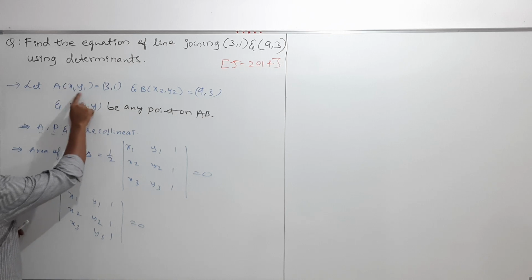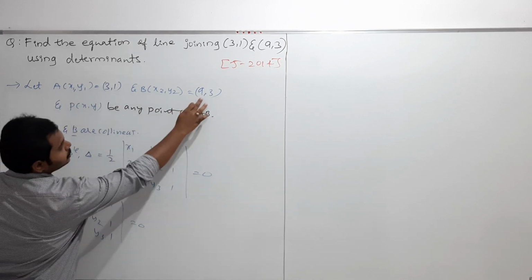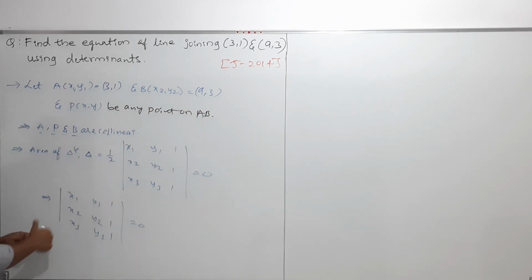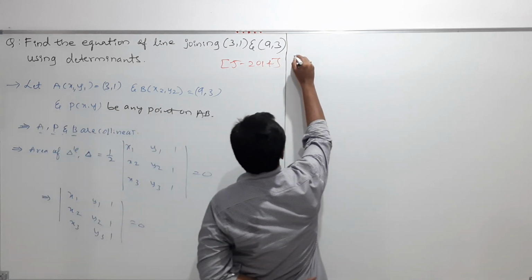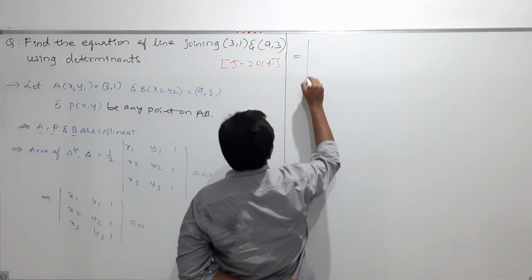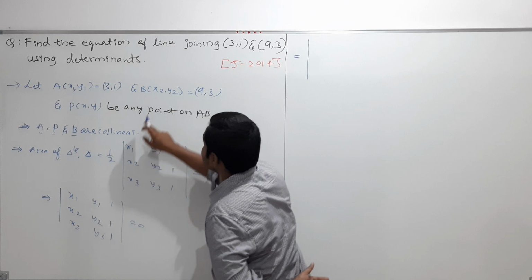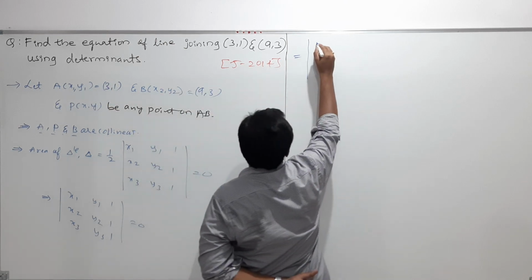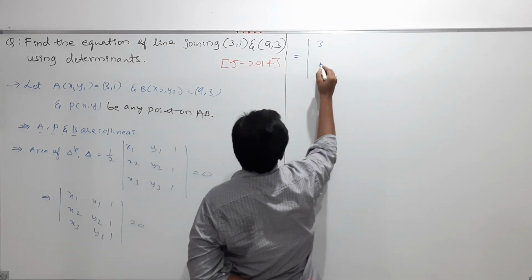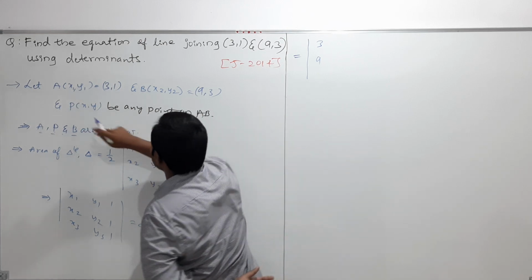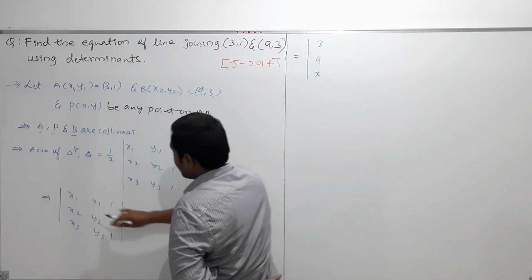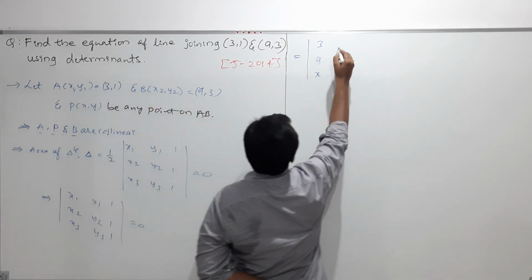Now substitute these values. This is x1 y1, x2 y2 and x3 y3. Here it is the determinant: first I write x1. What is x1? 3. And what is x2? 9. And this is x3, that is x. And y1, what is y1, my dear students? 1.